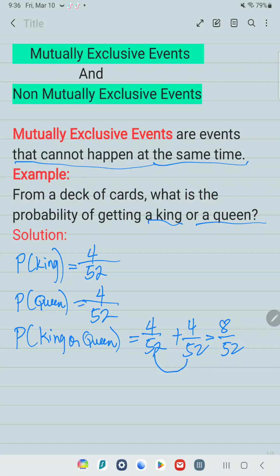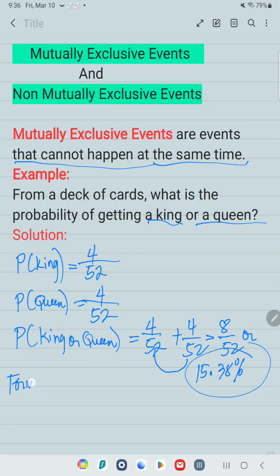Since the denominators are the same, you just copy the denominator and add the numerators. Or you can change this to percent. 8 divided by 52 times 100 is 15.38%. What does it mean? There is a 15.38% probability of getting a king or queen.